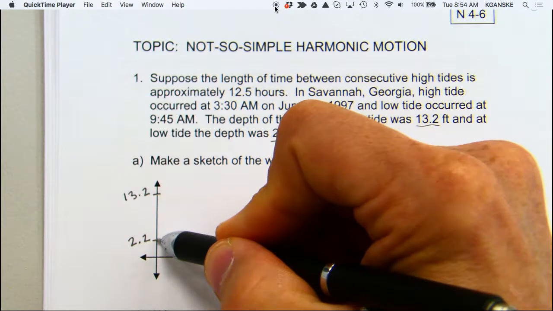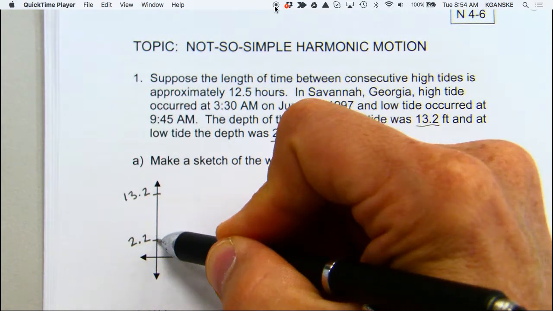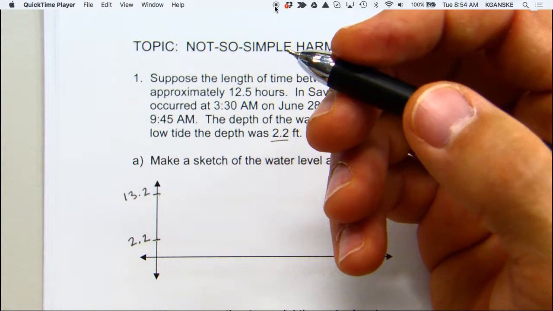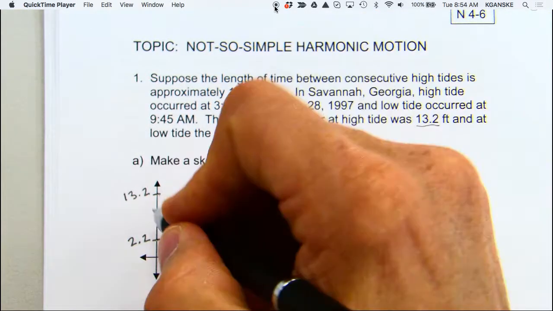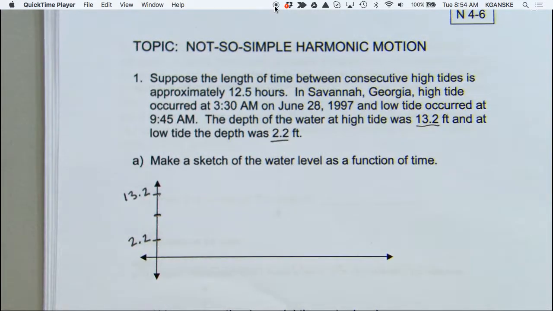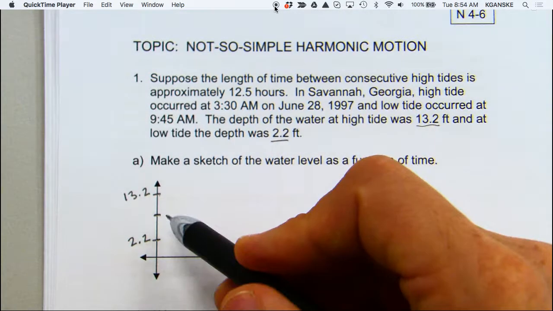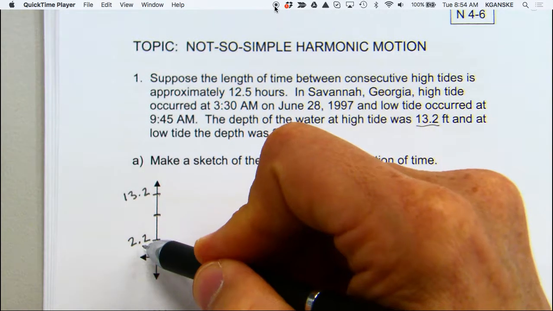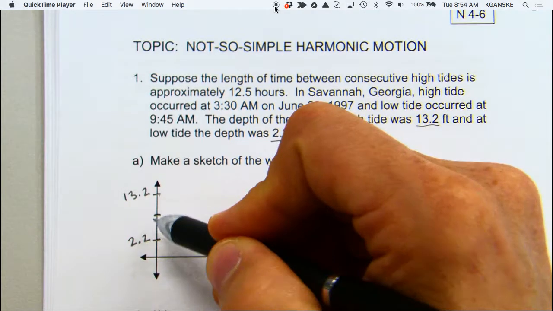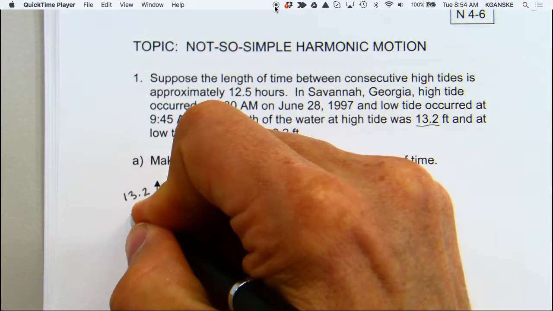How much distance is in between those two things? Looks like 11, right? Half of 11 is 5.5. So 2.2 plus 5.5 is about 7.7, right?